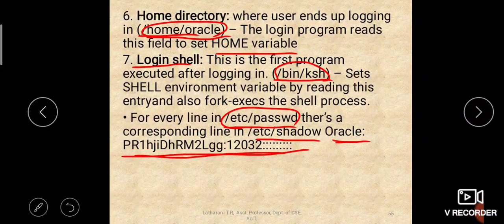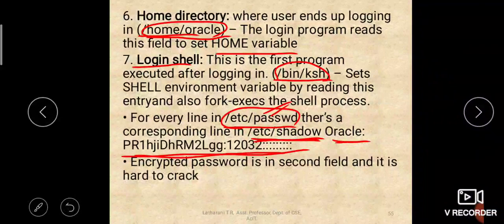Then this is the entry. Password stores the user details, an entry where the encrypted password is not stored, but the encrypted password will be stored in the etc shadow file. For every entry in etc password, there will be a corresponding entry in the etc shadow.